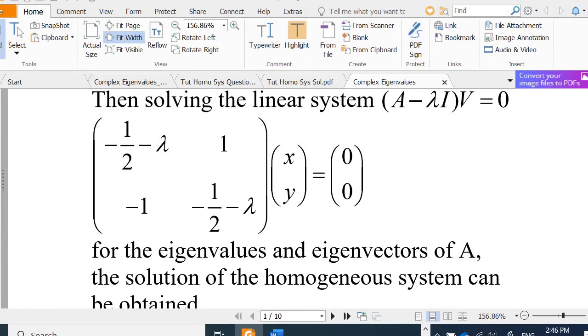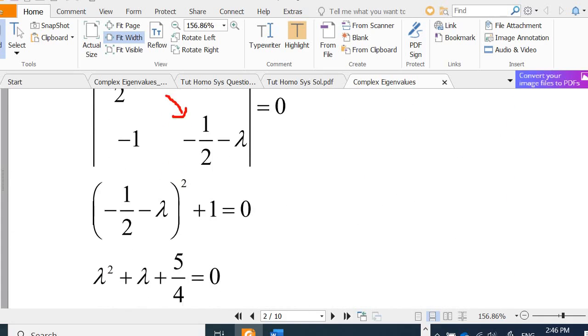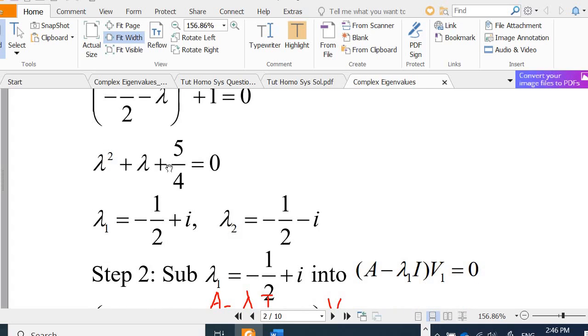So the first step, you have to find the eigenvalue. To find the eigenvalue, you let the determinant of A minus lambda I equal to 0. In this case you can easily use a scientific calculator to get complex roots, negative half plus or minus i.